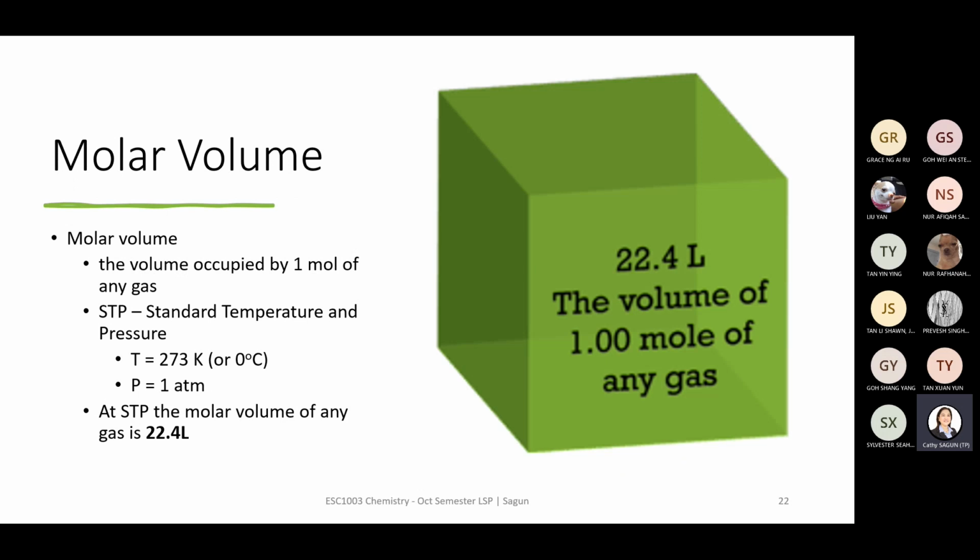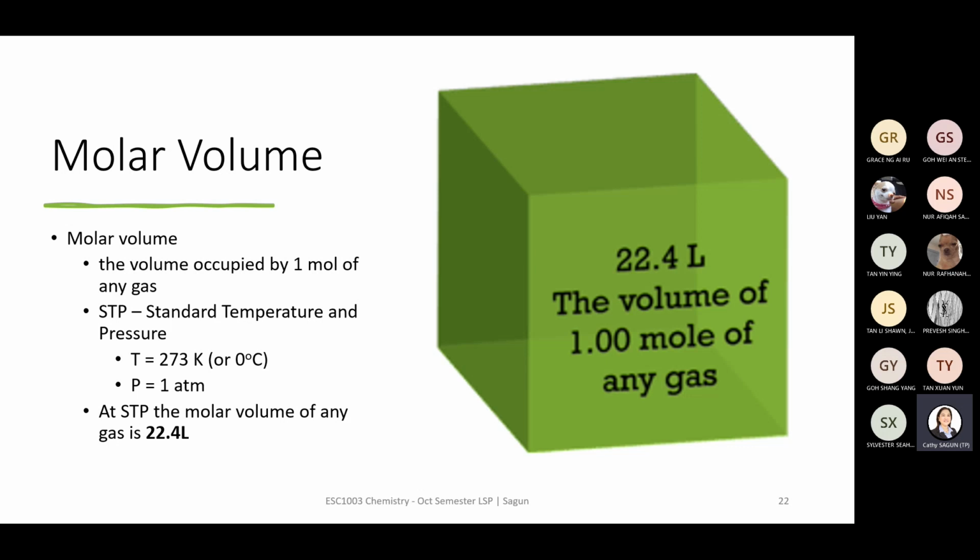So you have the standard temperature and pressure. Standard temperature is at 0 degrees Celsius or 273 Kelvin. And for pressure, it should be at 1 atmosphere. So if these conditions are met, if I tell you 1 mole of gas, how much volume will it occupy?